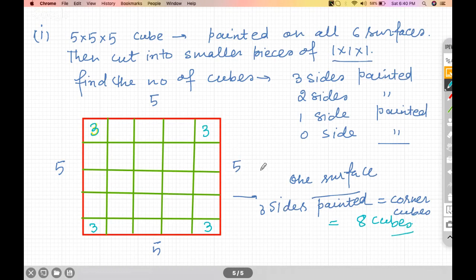Now two side painted, I told count number of cubes on one edge. I am taking this particular edge and I am counting total number of cubes here, 1, 2, 3, 4, 5. But I also told that don't count the corner cube. So this cube I'll not count, this cube I'll not count. 1, 2, 3 cubes are two sides painted.